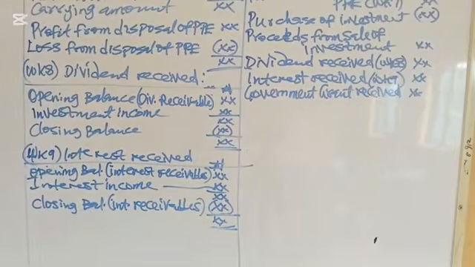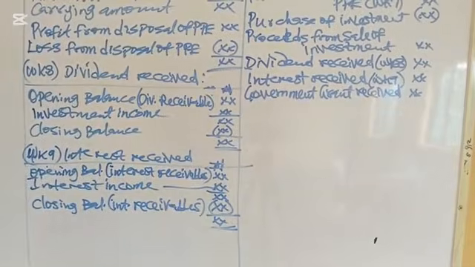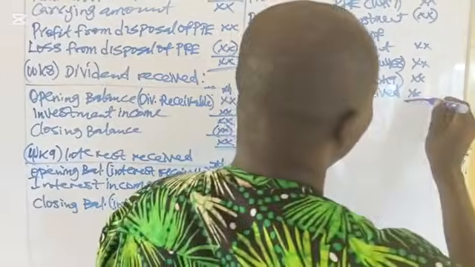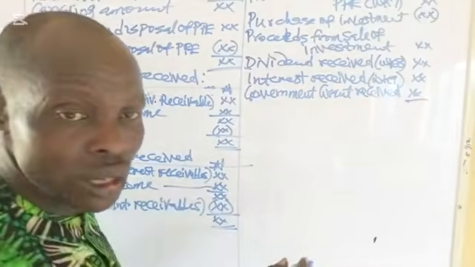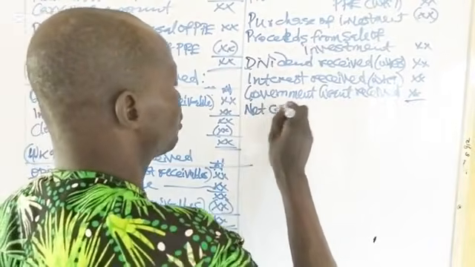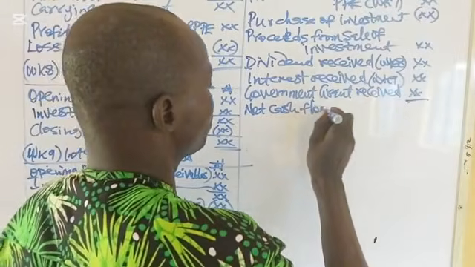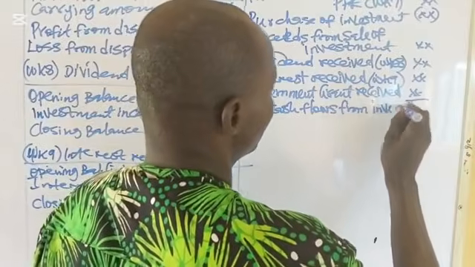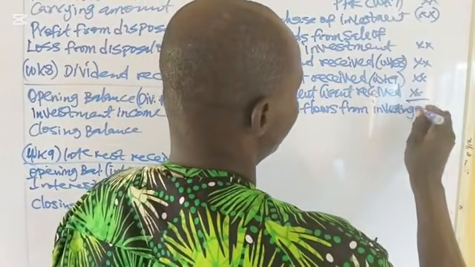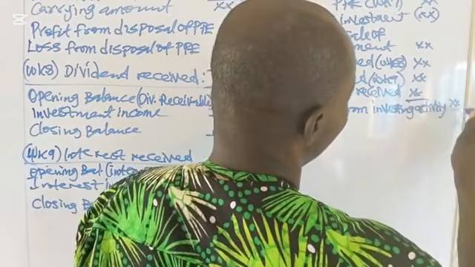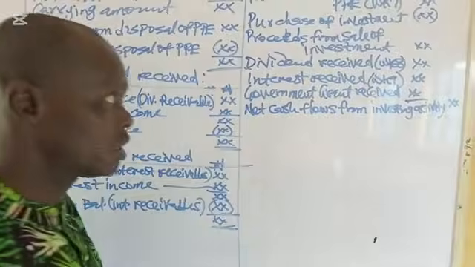So this will appear as investing activities. After your plus or minus of all the items you have there, you have the net cash flows from investing activity. It could be plus, it could be minus.